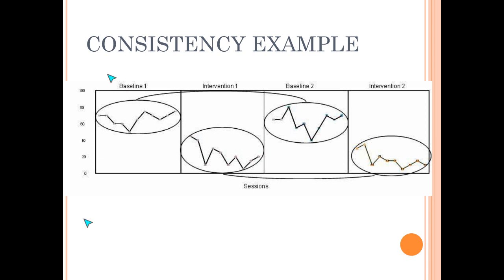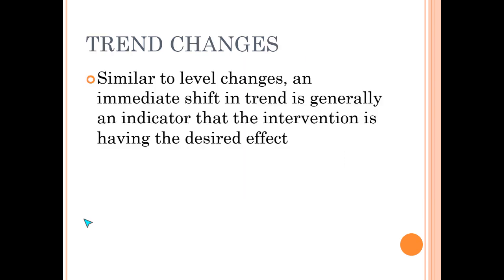Good. I talked about trend a lot. Remember, trend gives you an indicator in what direction the desired effect is going or is not going. And we can get a better handle on trend if we are putting the trend line into our data.